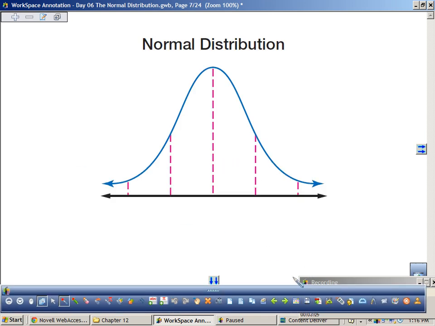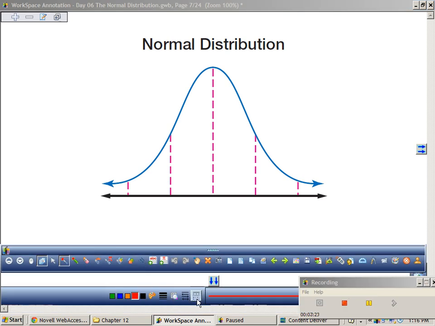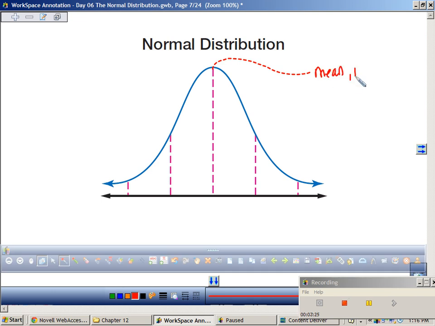Okay, let's move on. All right, I need your attention again. So this is called a normal distribution, where we have, just as I said, the mean, the median, and mode are about equal.